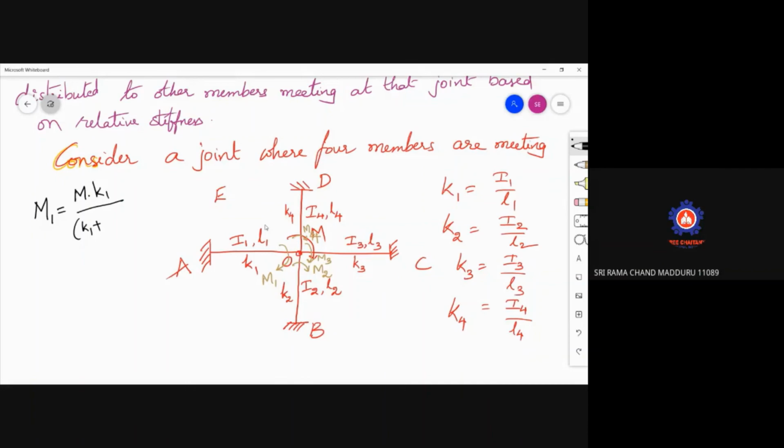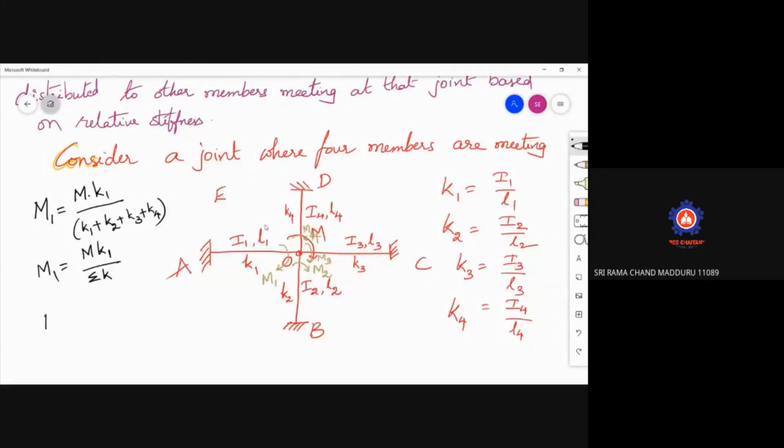So just remember, the distributed moment corresponding to the span M1 is equal to moment applied at the joint multiplied with the relative stiffness of the corresponding span, by summation of the relative stiffness at the joint. Here you are having not only two, but 4 members meeting. So the relative stiffness of the 4 members you need to consider, and this will be written as M into K1 by sigma K, summation of the relative stiffness at the joint, that is M1.